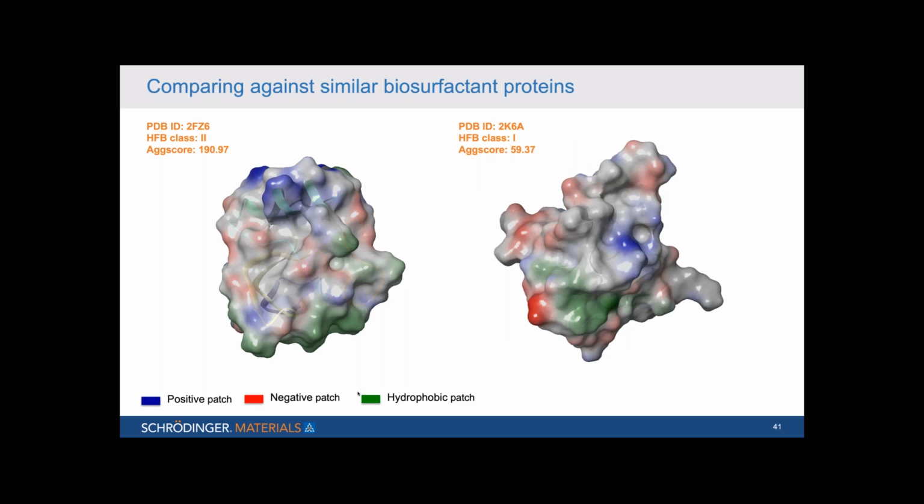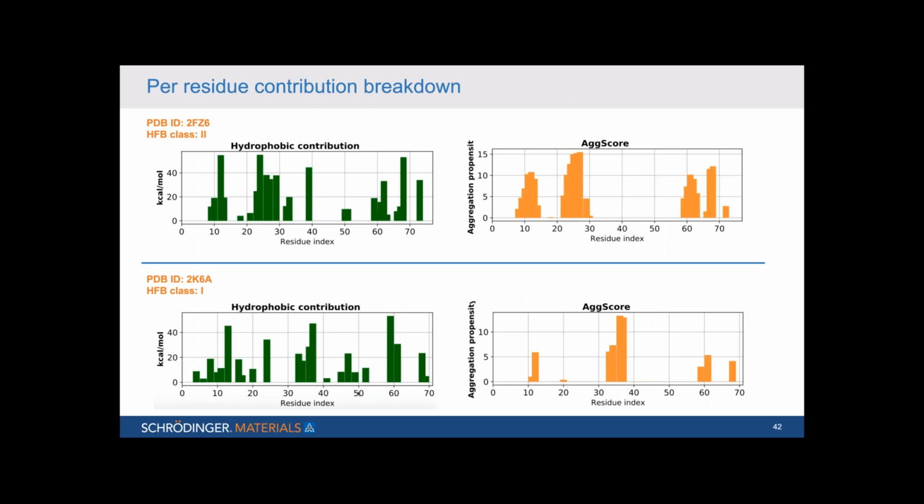The other nice thing about it is we can look at this across different classes. So if you were trying to select a different biosurfactant, where are the patches, what's the relative score? The score may tell you overall whether things aggregate or not, or relative where on the surface, if you're trying to make some modulations, or if you're trying to select different types of co-solvents or co-surfactants.